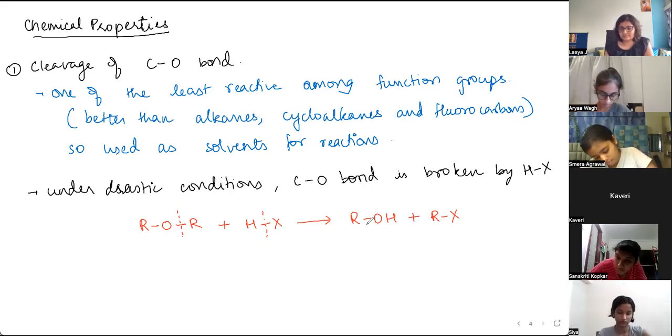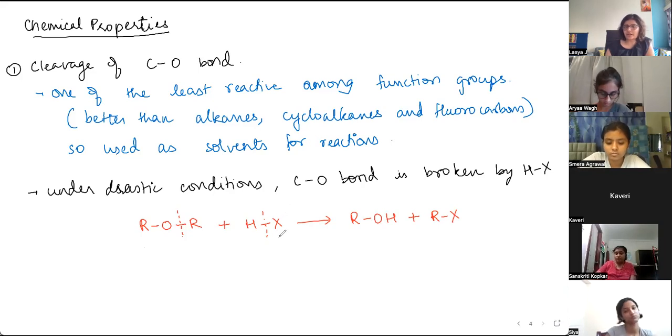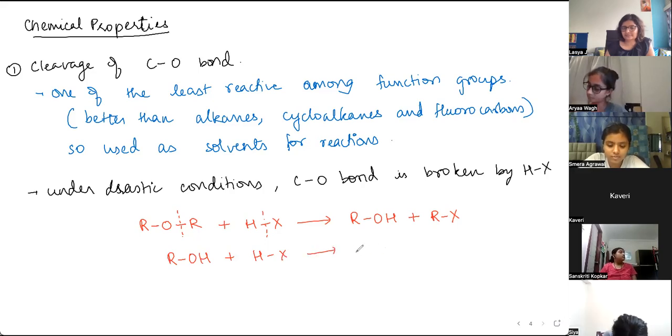And once this reaction takes place, depending on how much HX you take, there is one more reaction further. If you recall, alcohols react with HX to give you more alkyl halide plus water.